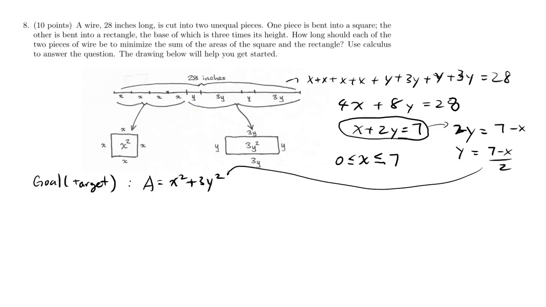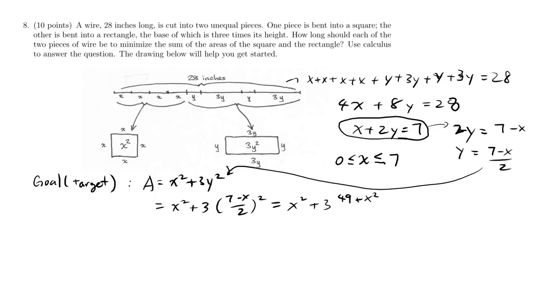When this goes in here, now A is equal to x squared plus 3 times ((7 minus x) over 2) squared, which is x squared plus 3 times, 7 squared is 49, x squared is x squared, and then you have to double the product.